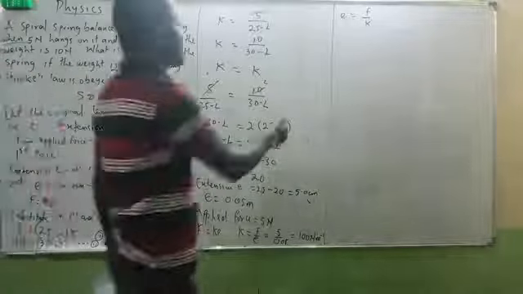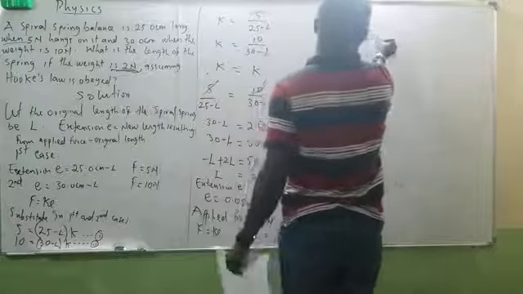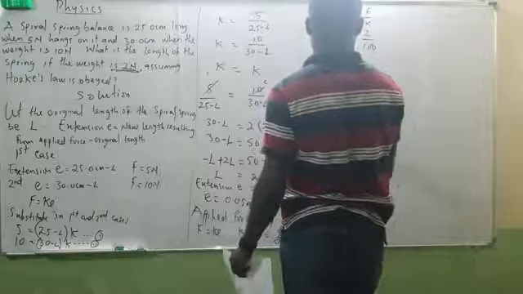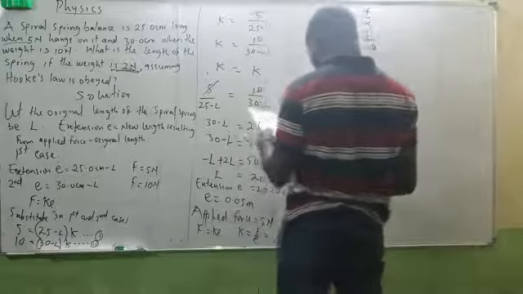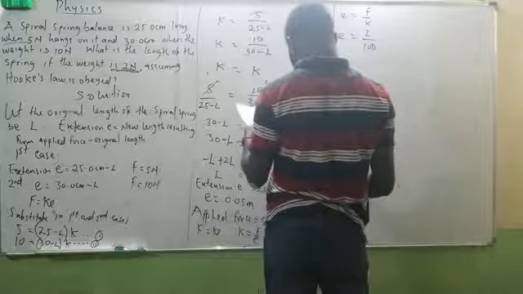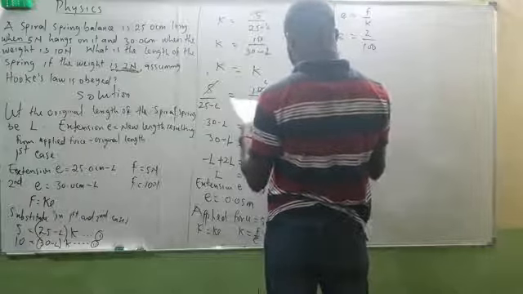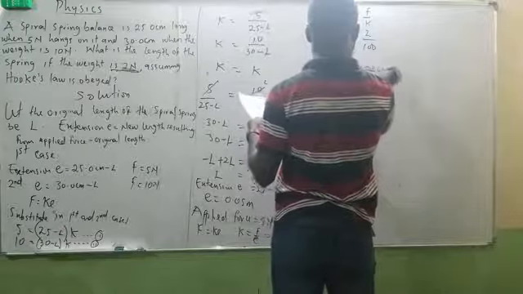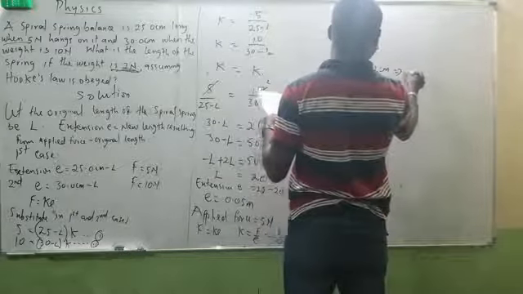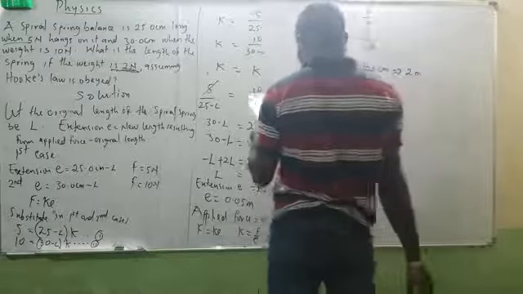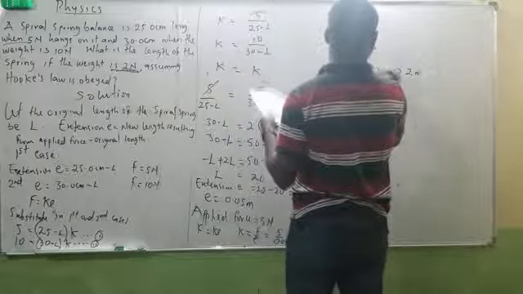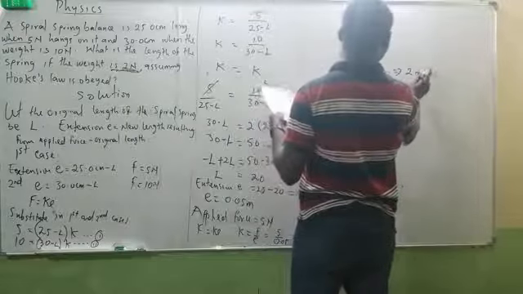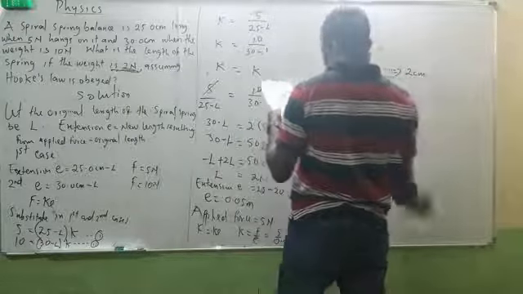It means I'll be having E equals 2 all over 100, which is 1 over 50, the same thing as that. E will be equal to 0.02 meter, which is the same thing as 2 centimeter.